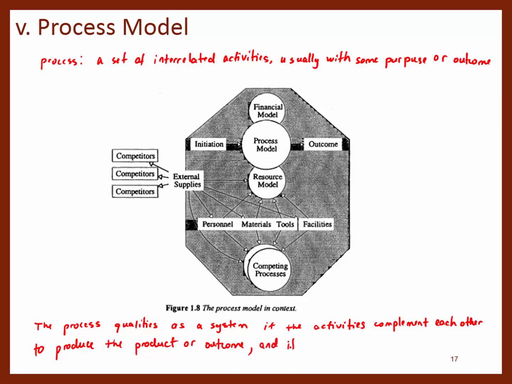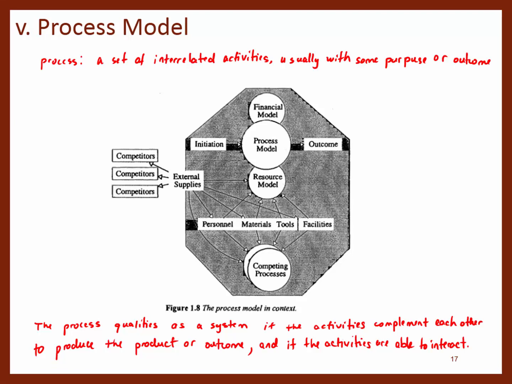And if the activities are able to interact. Okay, so when we think about systems, I want you to see that you are not only thinking about something physical, like designing a car or a building.